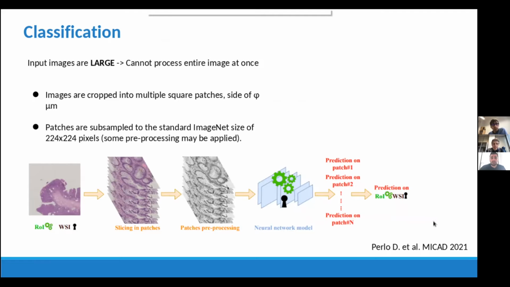The first challenge is how we can process these kind of images. So as we have already said, these images are very different from, let's say, natural images, and also from other kinds of medical images, such as chest X-rays and so on and so forth, because they are usually very large. One whole slide image can reach up to, let's say, 100,000 pixels by 100,000 pixels.